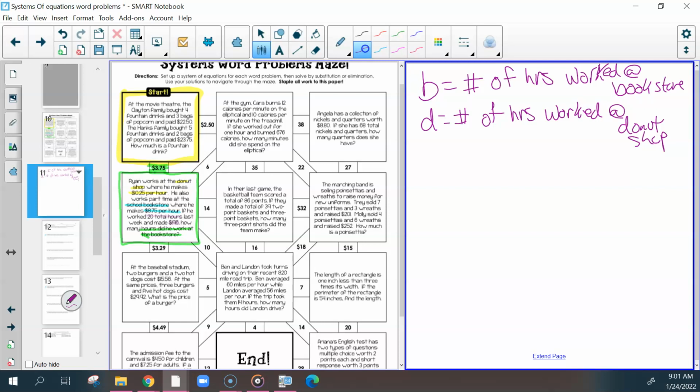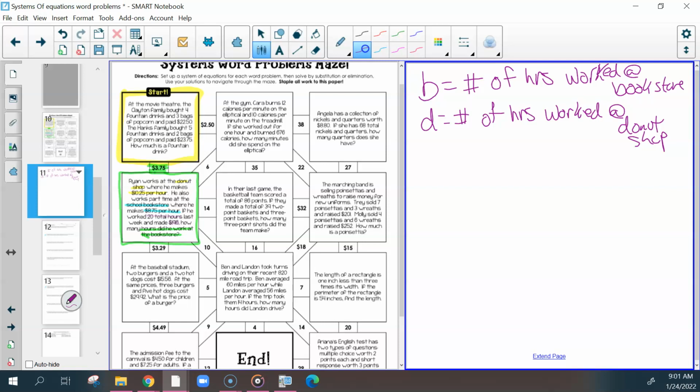We have 4 numbers. When you have something with 4 numbers, that means 3 of them are going to go together. 1 of them is going to be a total, and you're just going to have variables with that. What 3 numbers are going to go together? 10.25 per hour, 8.75, 196. Yes.